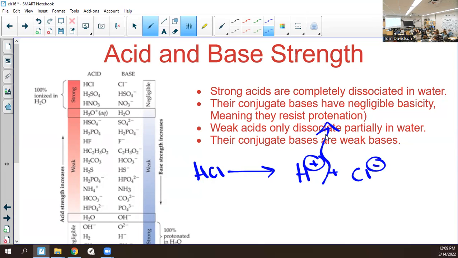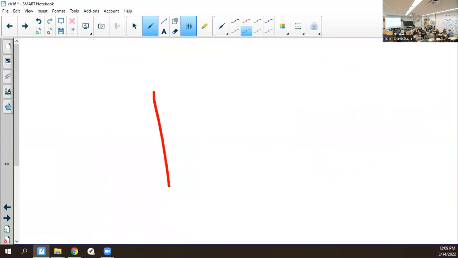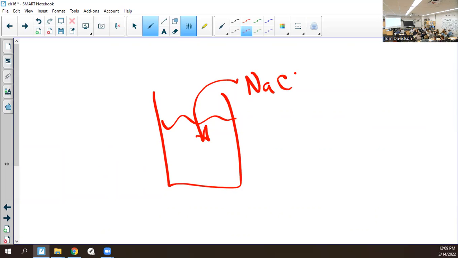This is going to be a really important thing right here in the next bullet. Their conjugate bases have negligible basicity, meaning they resist protonation. Okay, so what this means, it's new words. It means that if you have water and you add NaCl, the Na plus goes in, the Cl minus goes in, but it stays neutral.